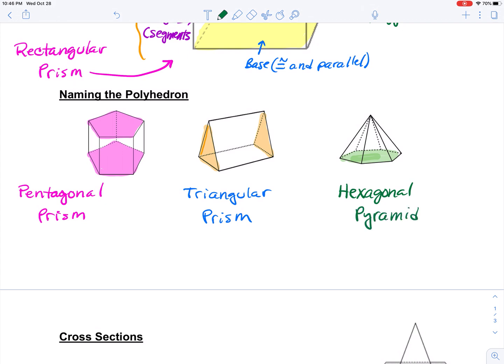Now, one important piece of information with pyramids: that point at the very top is called the vertex of the pyramid. Vertex of the pyramid. Okay, and that is naming the polyhedron.